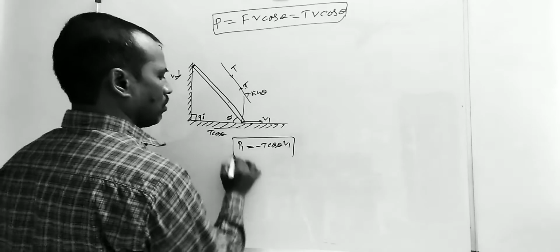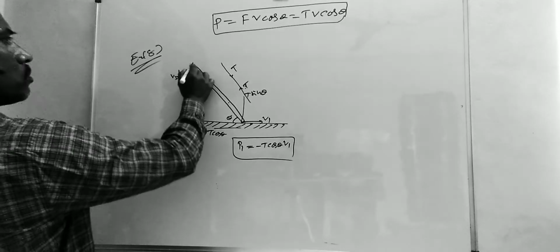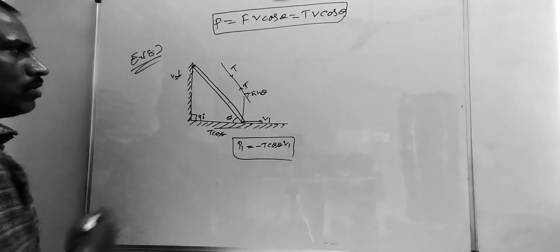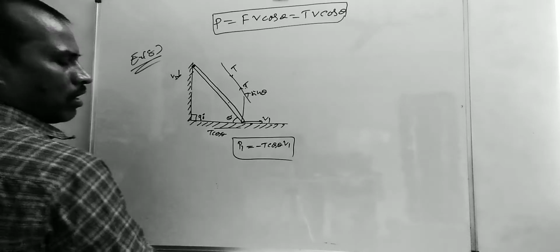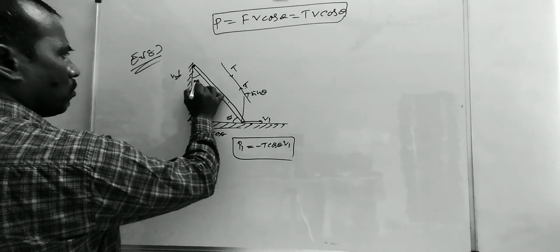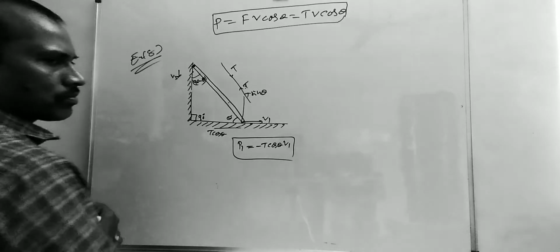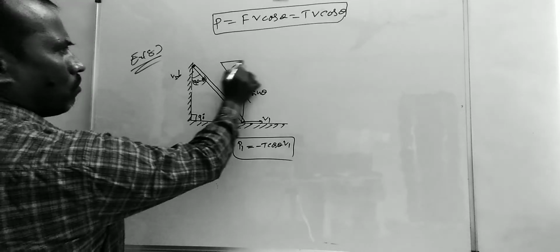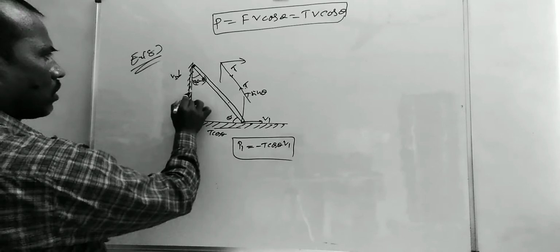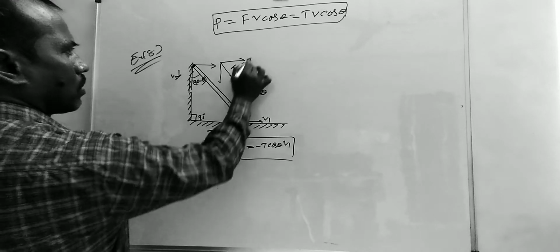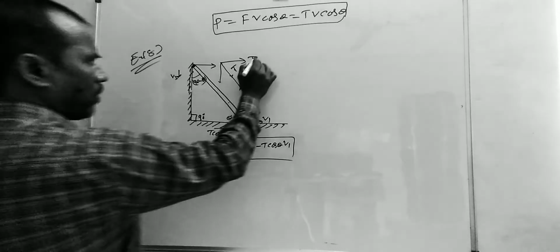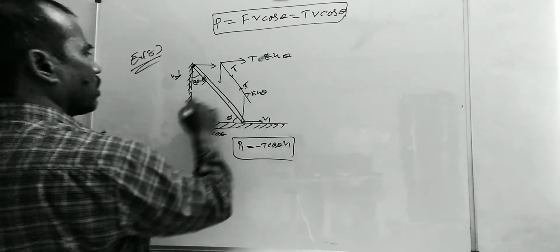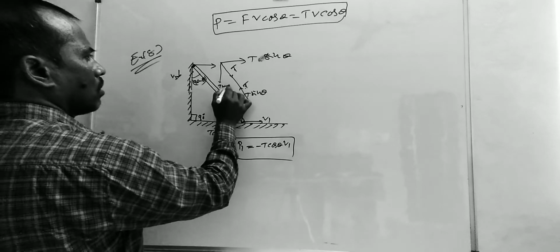Now this point moves vertically downwards with velocity v2. This angle is theta, and this one is 90 minus theta. The tension force divides into two components: horizontally T sin theta, and vertically T cos of 90 minus theta.